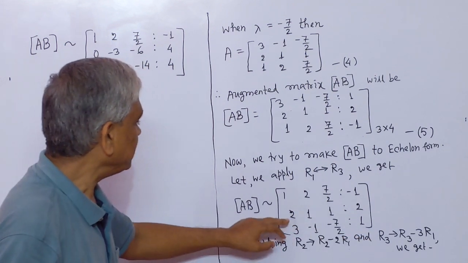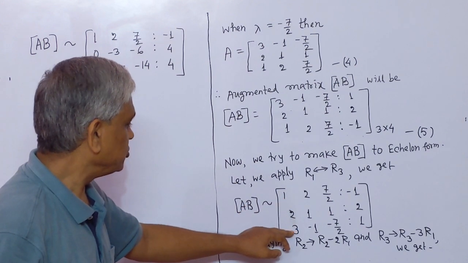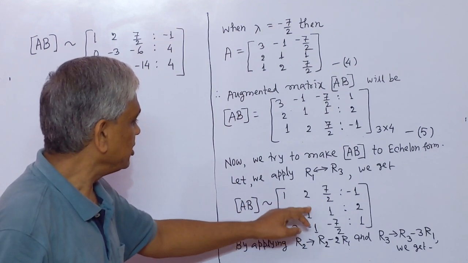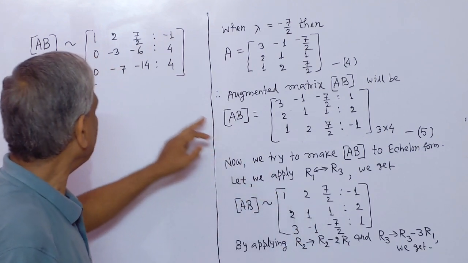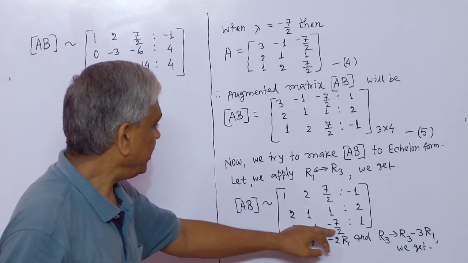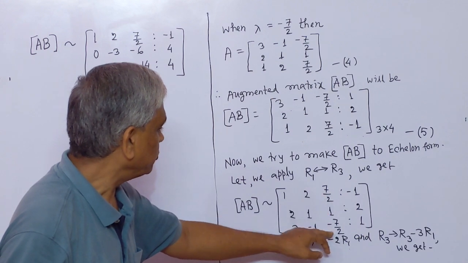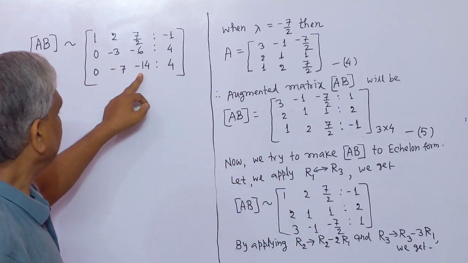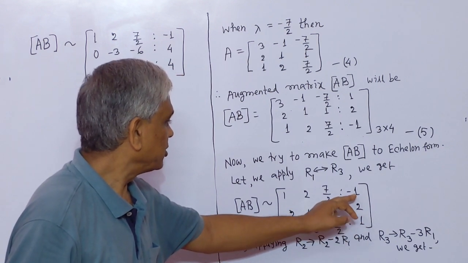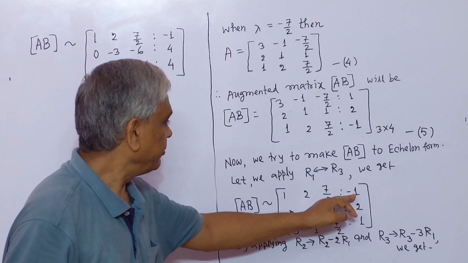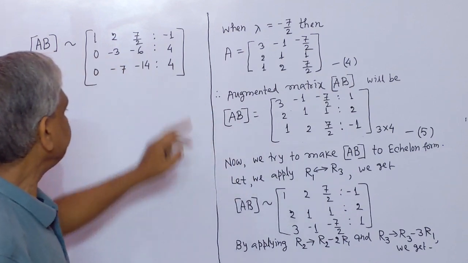Row 3 minus 3 into row 1: 3 minus 3 into 1 means 0. Minus 1 minus 3 into 2 is minus 1 minus 6, minus 7. Here minus 7 by 2 minus 3 into 7 by 2, that is minus 14. Here 1 minus 3 into minus 1 means 1 plus 3, 4.